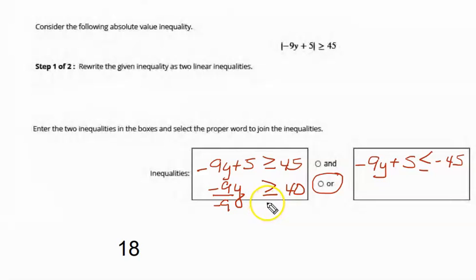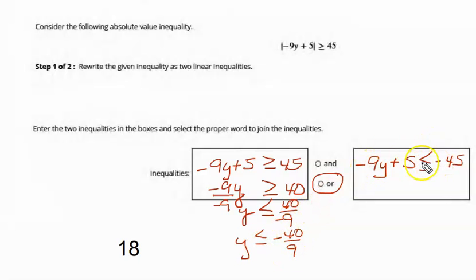And this now becomes less than or equal to 40 divided by a negative 9. So our answer here is y is less than or equal to a negative 40/9. All right, keep that in mind.